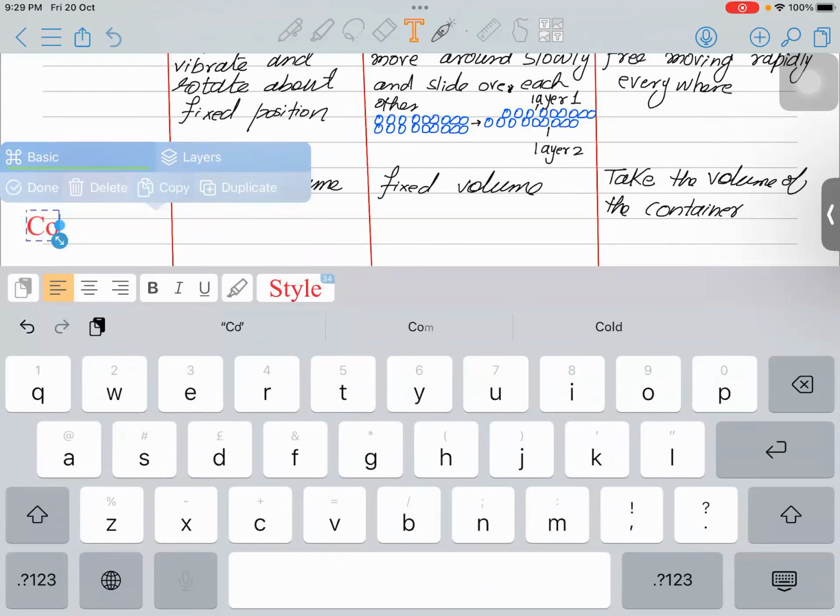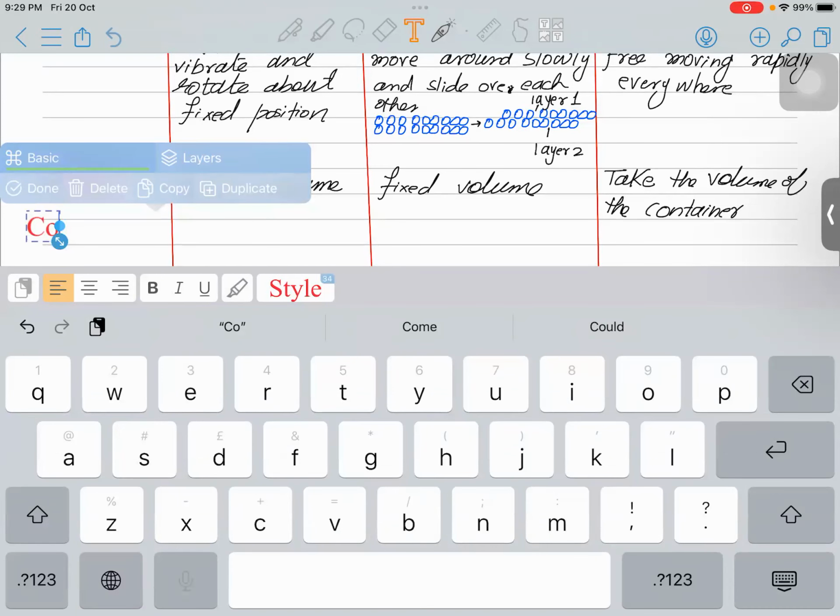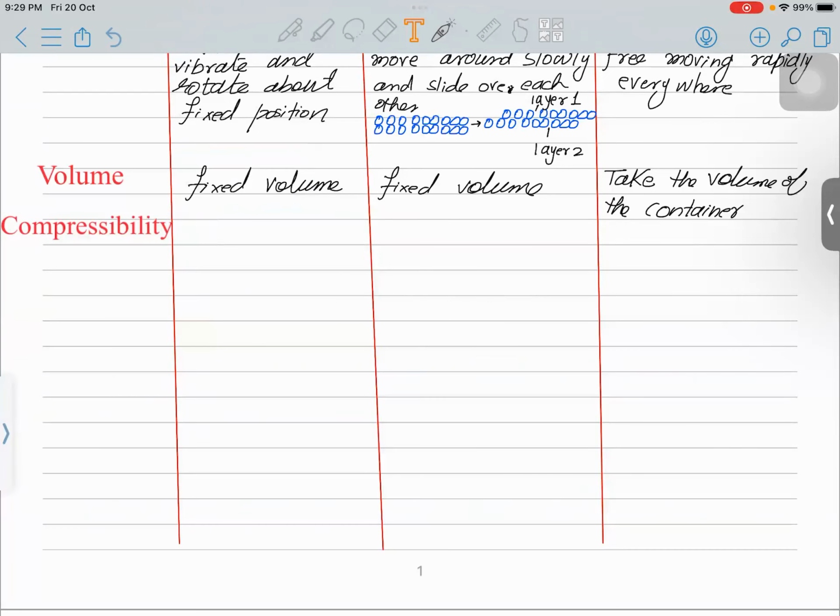Now, compressibility. Can we compress the solid?